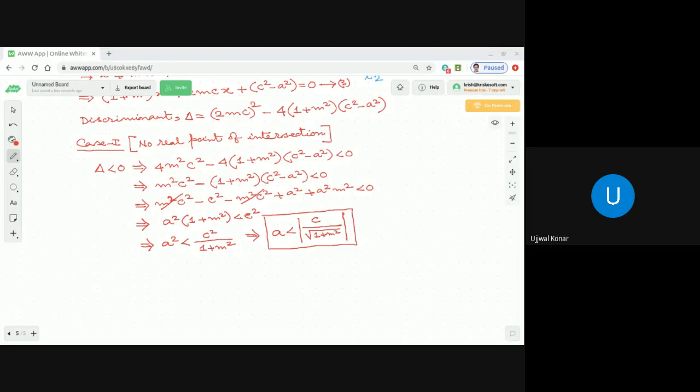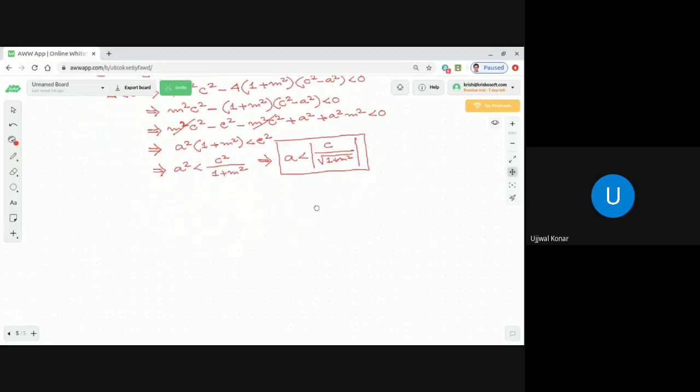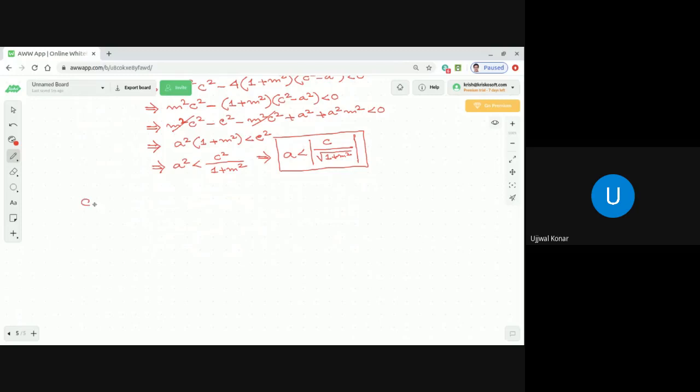There are two coincident points of intersection. Okay, so let us discuss this.